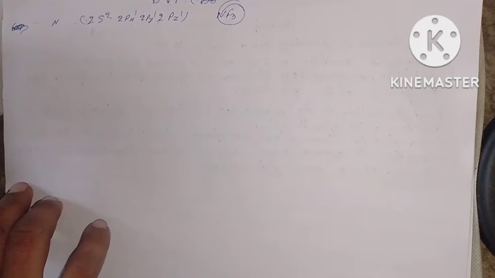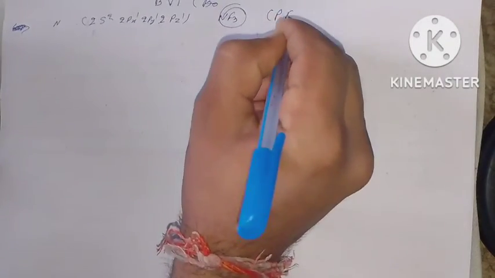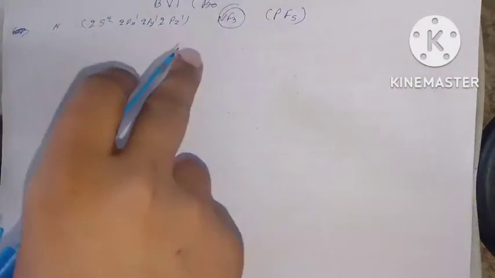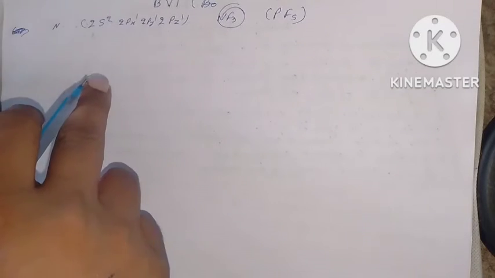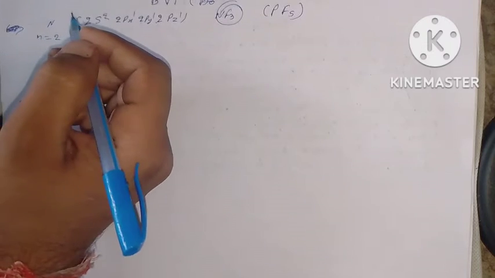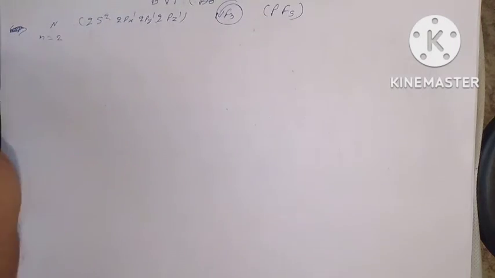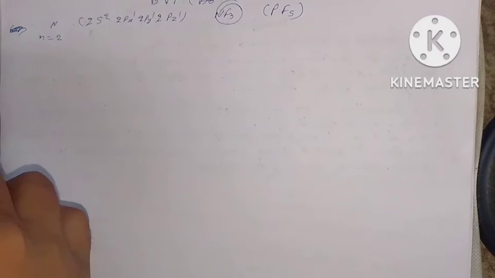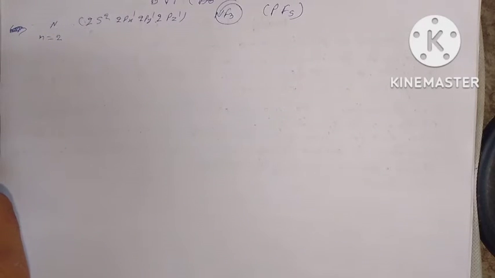N cannot form pentafluoride NF5, because there is no orbital available in the n equal to 2 level to accommodate one of the paired 2s electrons, and the 2s2 electrons remain intact with nitrogen as a lone pair, non-bonding electron pair, due to which nitrogen does not form NF5.